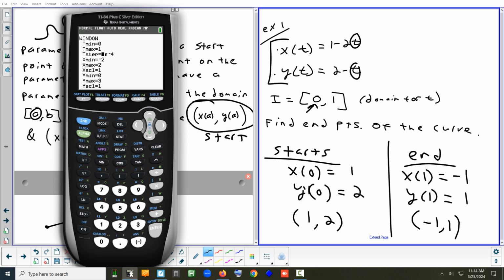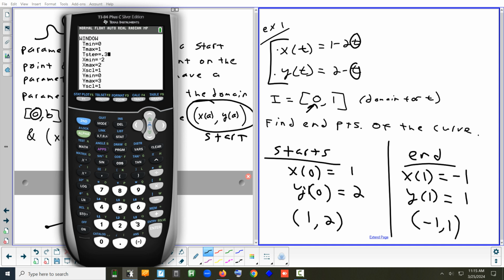Okay, another thing you want to be careful about with the t-step is it's nice to pick a number for t-step that if you count by the step, you land on the t-max. For example, if I count by 0.3s, the first point it's going to plug in for t is 0.